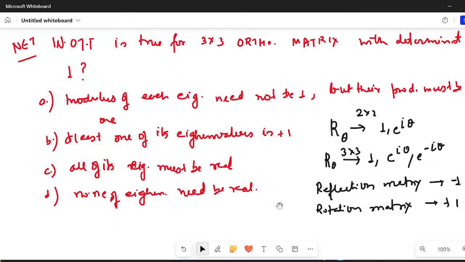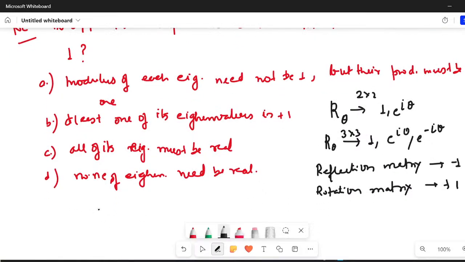We also derived that if a matrix is orthogonal, where A transpose into A is identity, then the eigenvalues are unimodular.